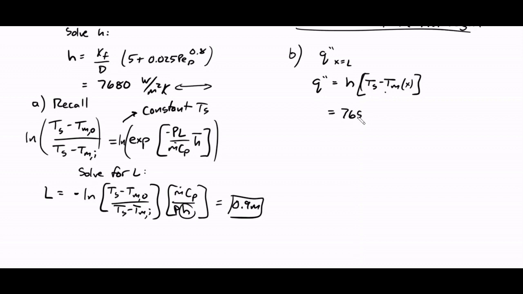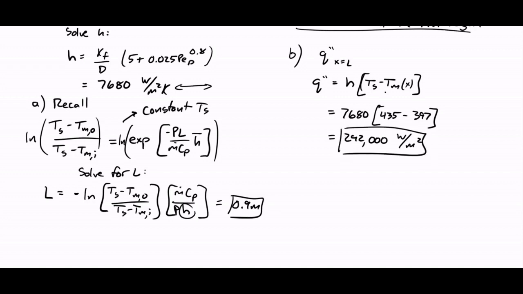Well, like we just said, H is constant, so in this case it's 7680 everywhere. We know our surface temperature is 435, and we know T mean at the outlet, which is where we're trying to find the heat flux. So we simply plug those in and do that calculation, and we get 292,000 watts per meter squared, which is pretty big.